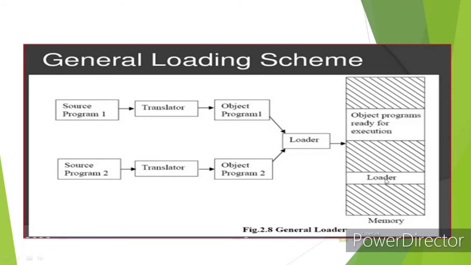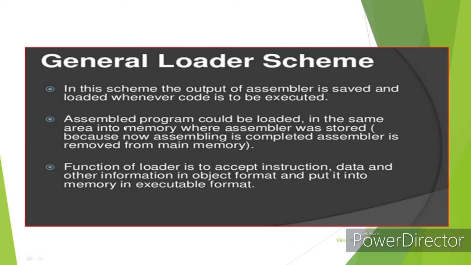Unlike the compile and go loader, in the general loading scheme the loader is placed into memory. The output of the assembler is saved and loaded whenever the code is executed. The assembled program can be loaded in the same area of memory where the assembler was stored, because now assembling is completed and the assembler is removed from main memory.